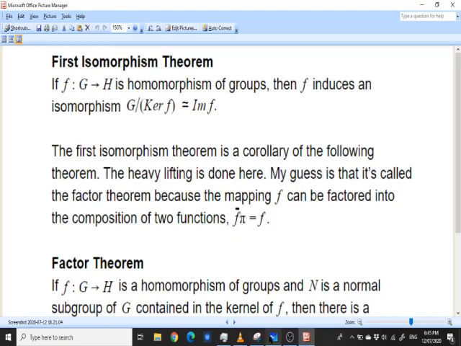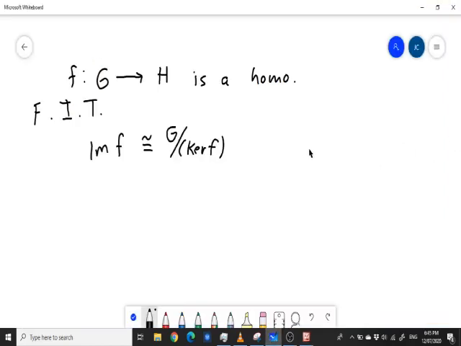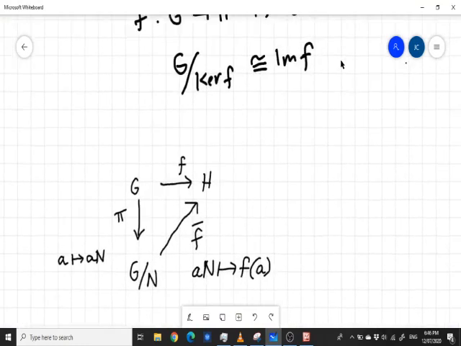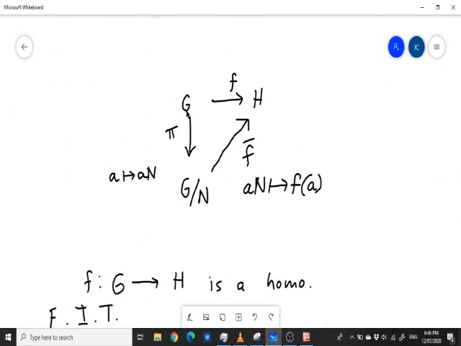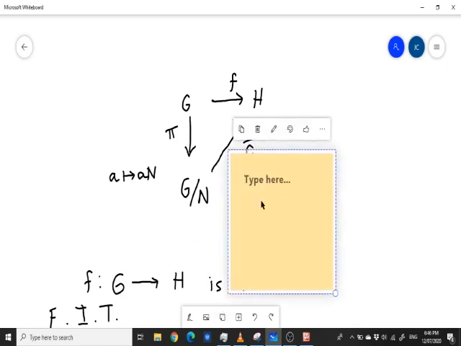So let's look at that. What does it look like? Instead of dealing directly with f, the factor theorem goes through G mod N first. This N here is a normal subgroup of G. So from G to G mod N, we have a map pi, called the canonical epimorphism.